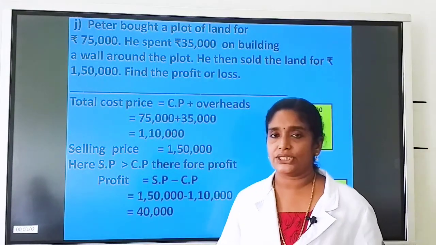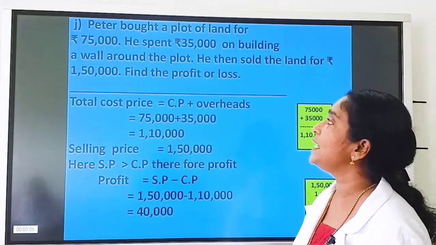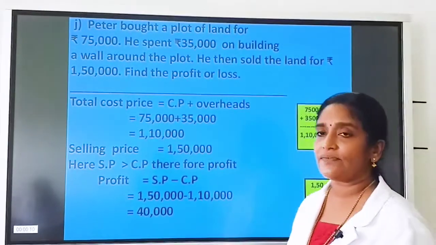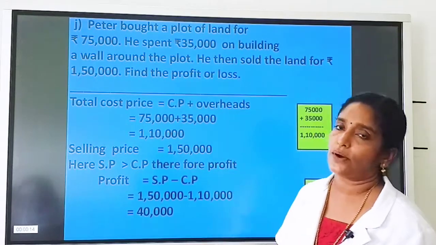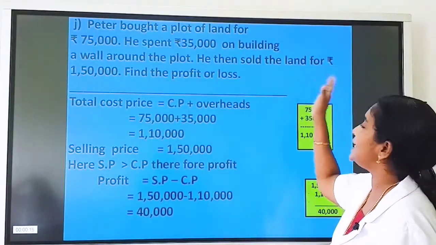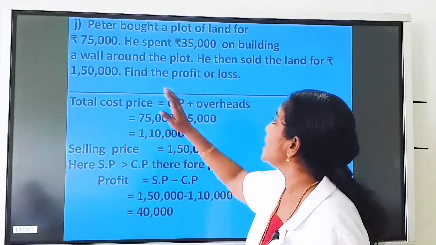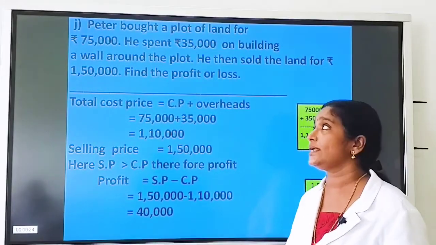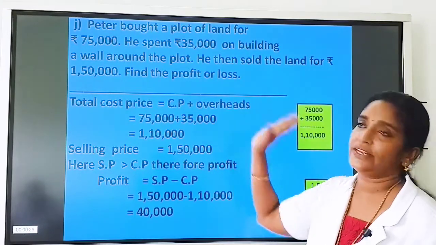Okay, look at the next question. Peter bought a plot of land for 75,000 rupees. He spent 35,000 on building a wall around the plot. He then sold the land for rupees 1,50,000. Find the profit or loss. Read the question one more time. Peter bought a plot of land for 75,000.